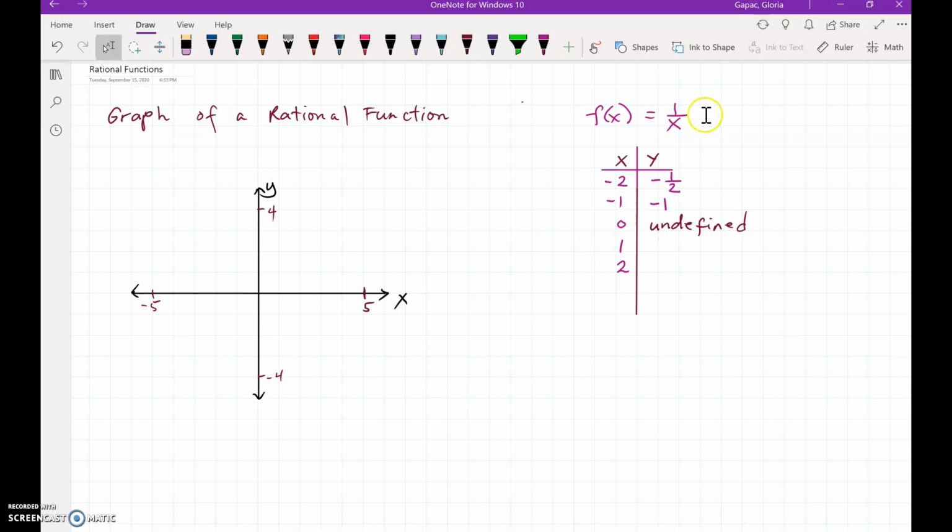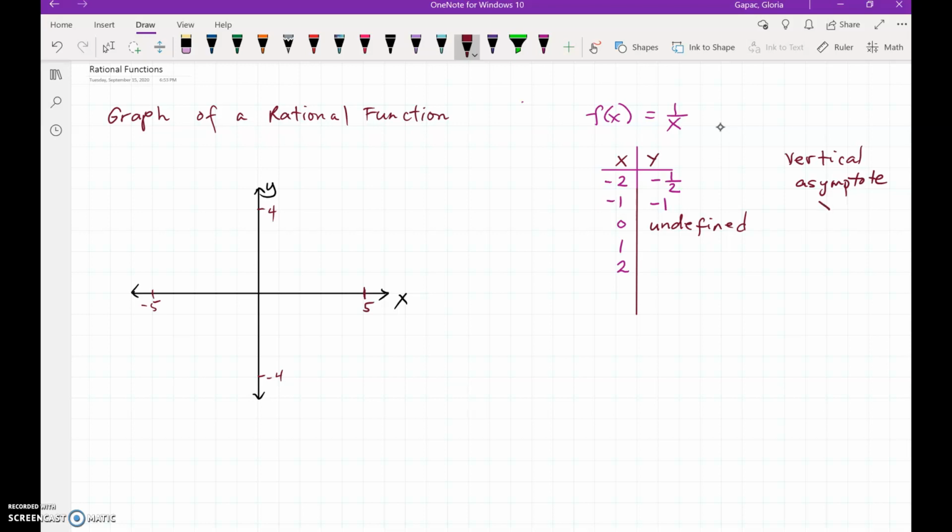And that value that's making this undefined, that is what we call the vertical asymptote. So a vertical asymptote is when your rational function will give you an undefined value, the value that will make this function not defined.